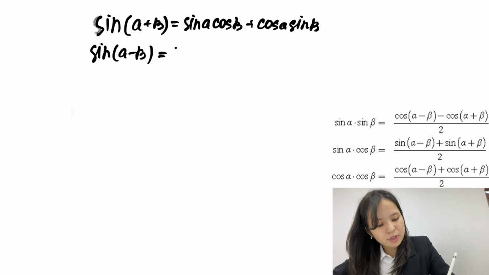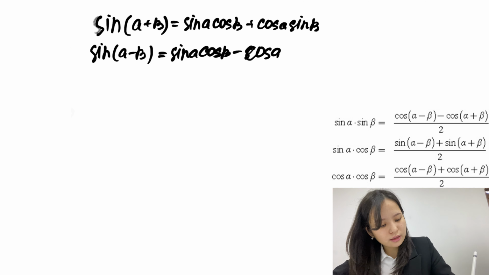Sine A minus B is equal to sine A cosine B minus cosine A sine B.